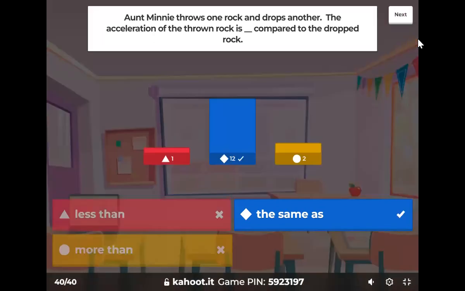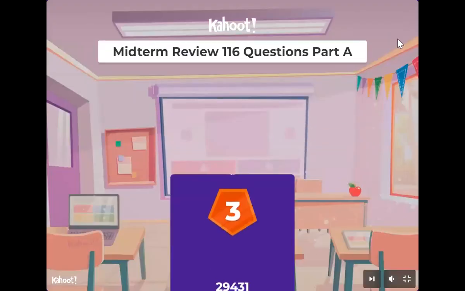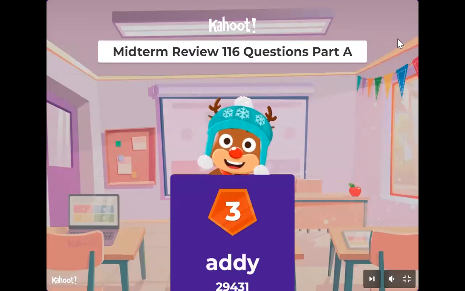Yeah, the same. Now remember, this is after it leaves her hand. After it leaves her hand, it's in free fall. Now it might be moving at a different speed, different direction. That doesn't matter. Once it leaves your hand, it's in free fall, accelerating down at about 10 meters per second squared.